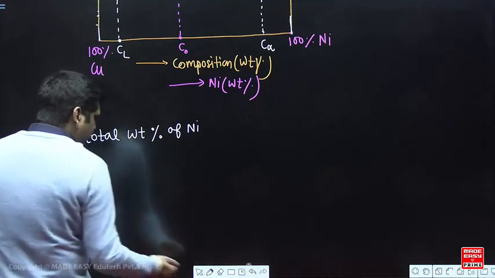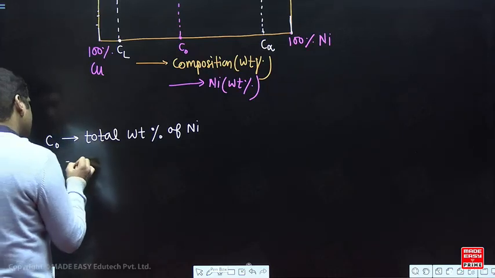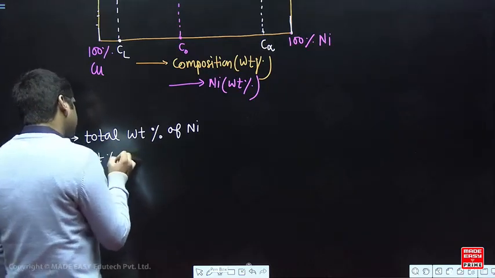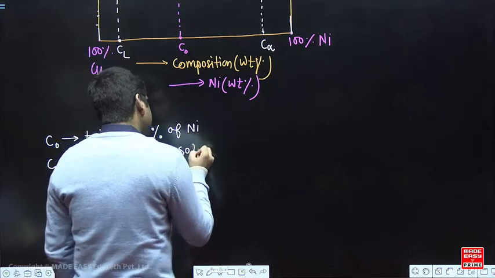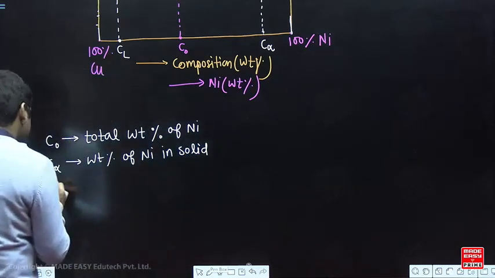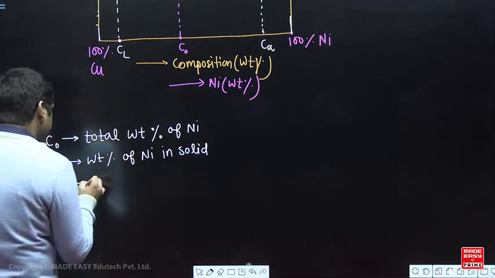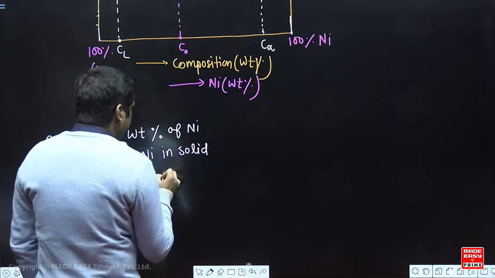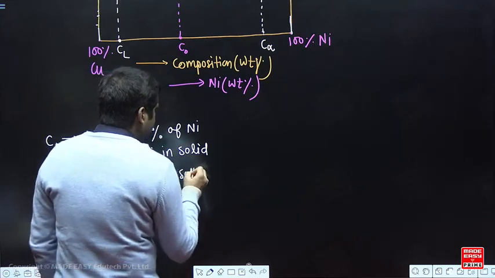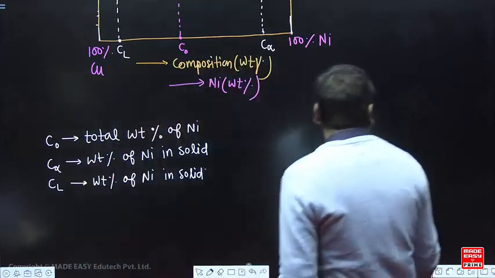So C alpha is the weight percent of nickel in solid, and Cl is the weight percent of nickel in liquid. Basically, instead of weight percent we will take fractions, okay.